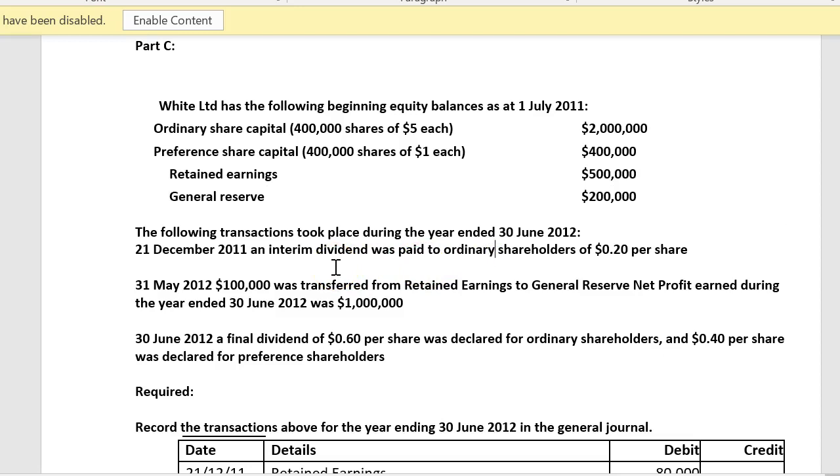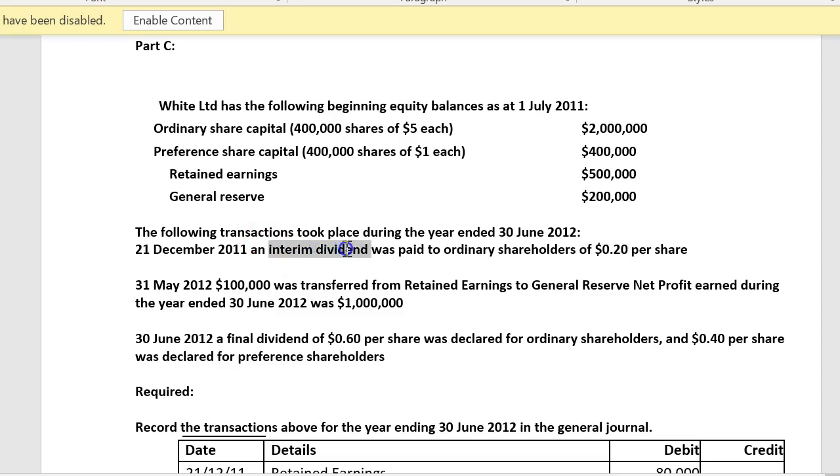Okay, on the 21st of December 2011, an interim dividend was paid to ordinary shareholders of 20 cents per share. So there are 400,000 ordinary shares on issue and they paid an interim dividend of 20 cents per share. So how do you record this transaction? What you do is you need to debit retained earnings because dividends are taken from retained earnings.